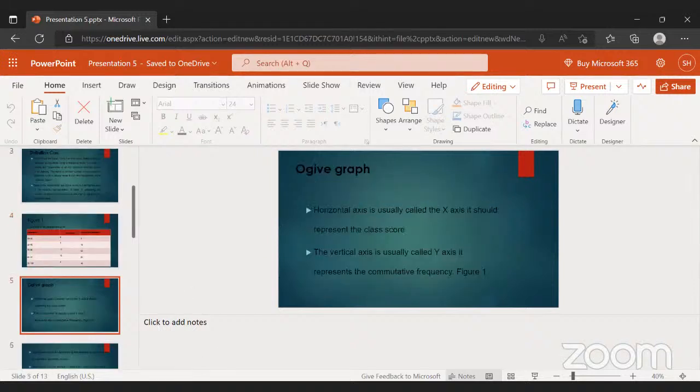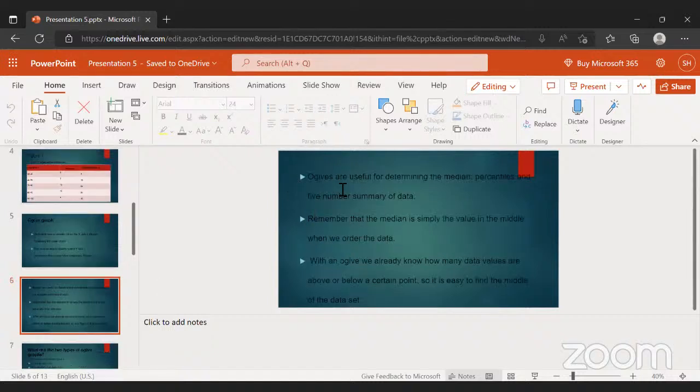The ogive graph has a horizontal axis, usually called the x-axis, which in our class is the class score, and a vertical axis, called the y-axis, which represents cumulative frequency. Ogives are useful for determining the median, percentile, and 5-number summary of data.